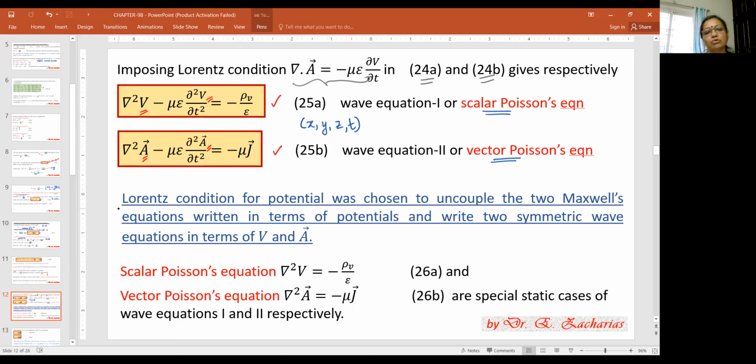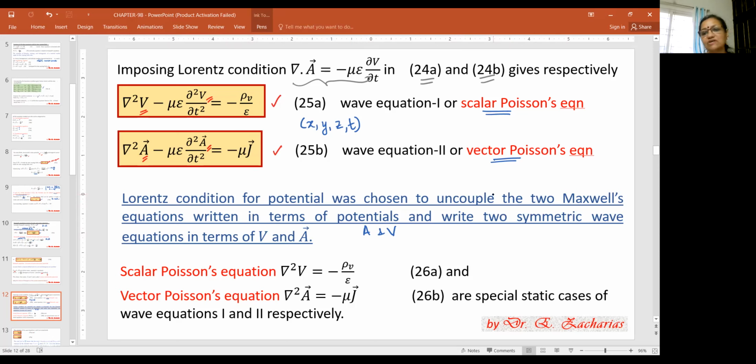So now you got the answer to why, suddenly out of the blue, we had taken some equation called the Lorentz condition. The Lorentz condition for potentials was chosen to uncouple the two Maxwell's equations written in terms of potentials A and V, and write them as two symmetric equations.